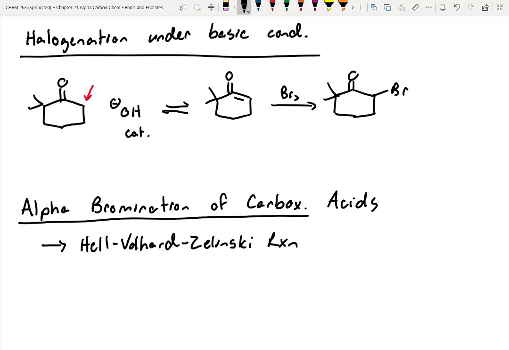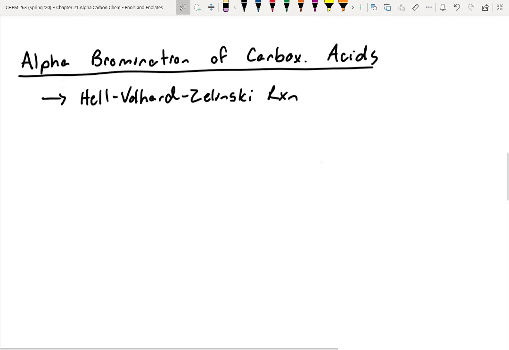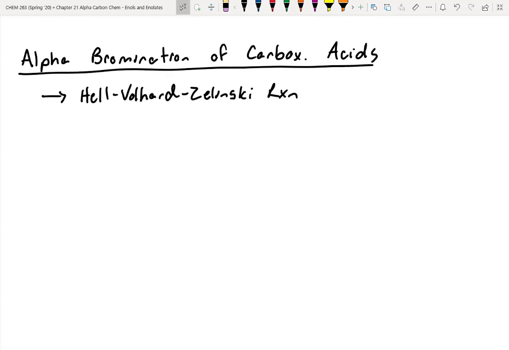I'm not going to be super picky about you memorizing the names of these reactions, but I do think it is important to know what people are talking about if they throw out one of these named reactions. All right, and I'll show you an overview.